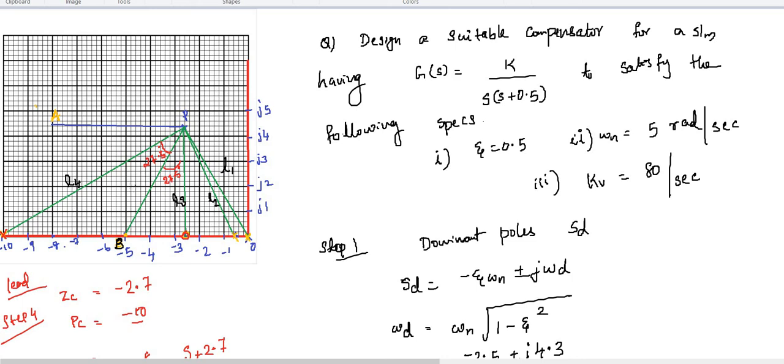I can represent it as L3 and L4. So we have to mark all the poles and all the zeros of the open loop transfer function and the compensator, and draw straight lines from the dominant pole. Mark it as L1, L2, L3, L4, etc.